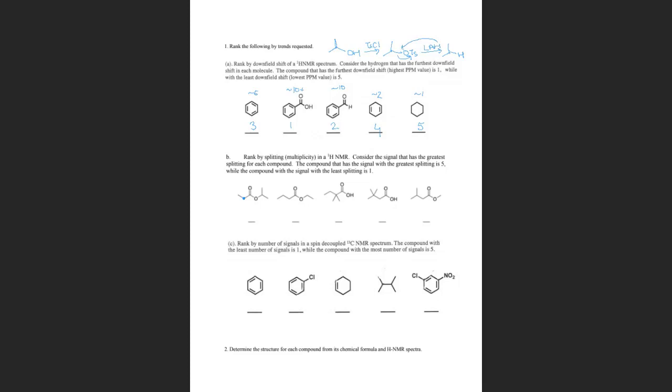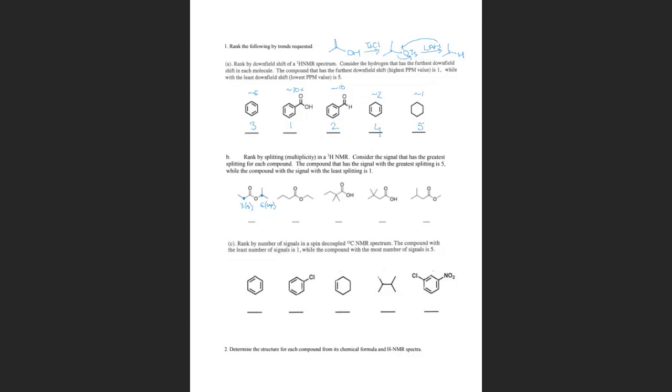Okay, yes, this one has 3. So I'm going to put 3 and then I'm going to put quartet. Okay, we have this other one here. How many hydrogens does it have next to it? 6, perfect. So we call that a septet. Okay, so the most we've got out of this one is 6.